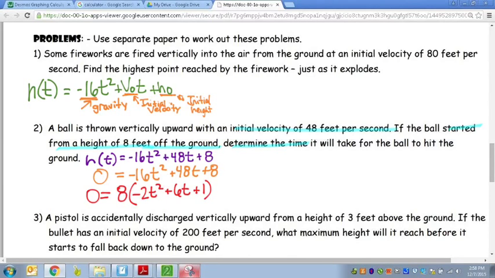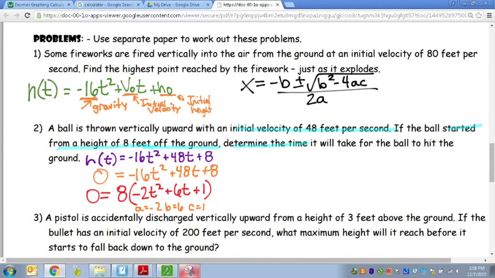Just in case you don't, I'll write it up on top here. x equals negative b plus or minus the square root of b squared minus 4ac, all over 2a. All right, so let's plug that into the equation. Just to label it quickly here, a equals negative 2, b equals 6, c equals 1.